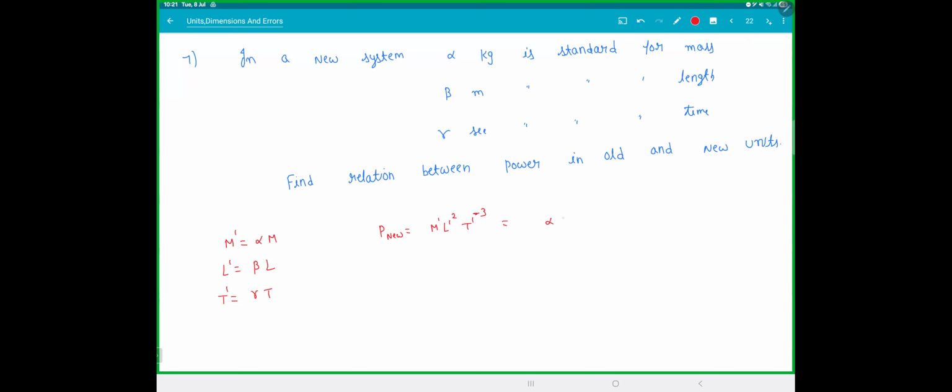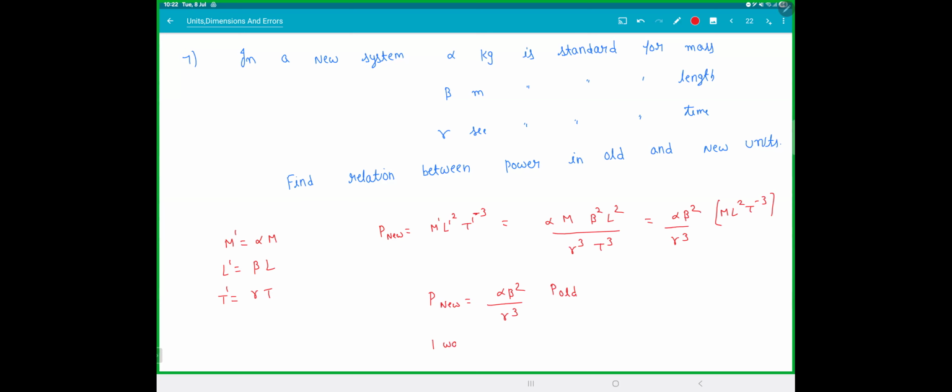Substituting here, this will be alpha M beta square L square by gamma cube T cube, which is alpha beta square by gamma cube times M L square T minus 3.